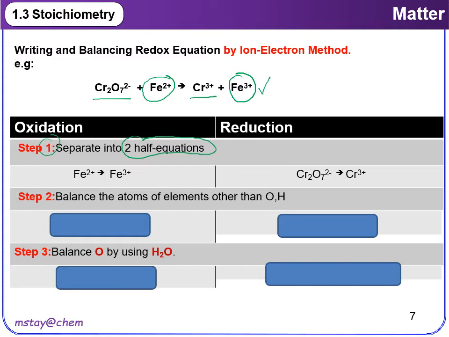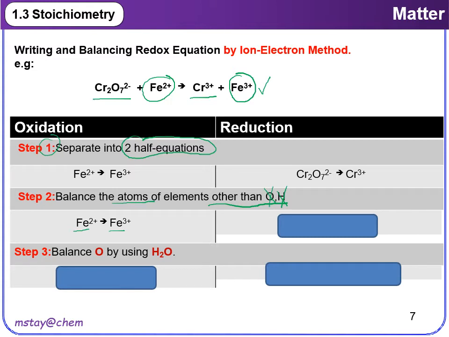Next, step two: balance atoms other than oxygen and hydrogen. We don't balance these two yet. For Fe2+ to Fe3+, we have one Fe here and one Fe there, so nothing to be balanced.